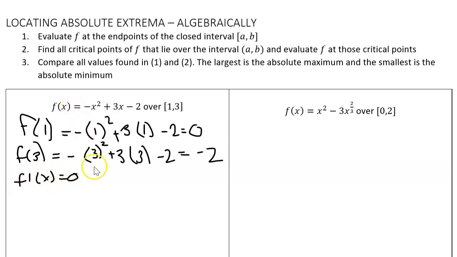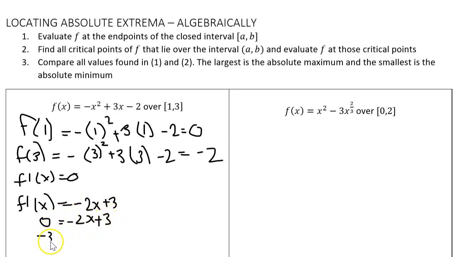So we're going to find the derivative of our function. And then we're going to set that derivative equal to 0. I'd rather add 2x.